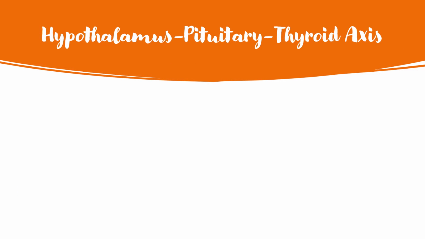So again, it's worth recapping the hypothalamus-pituitary-thyroid axis. We start with the hypothalamus, and this secretes a substance called TRH, or thyrotropin-releasing hormone. This TRH then acts on the anterior pituitary gland and causes it to secrete TSH, or thyroid-stimulating hormone.